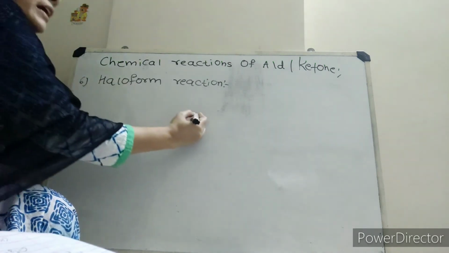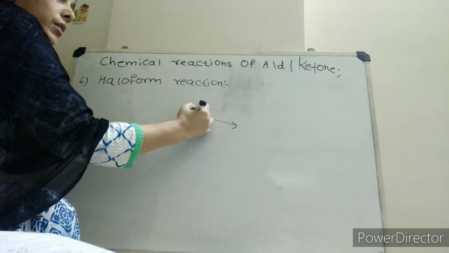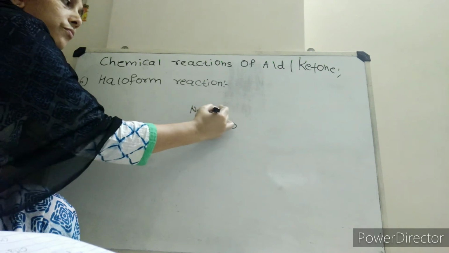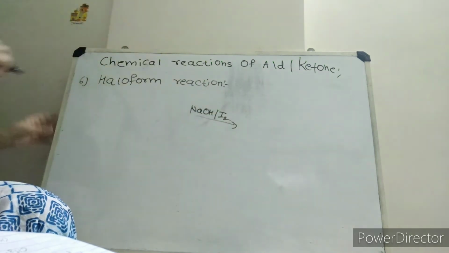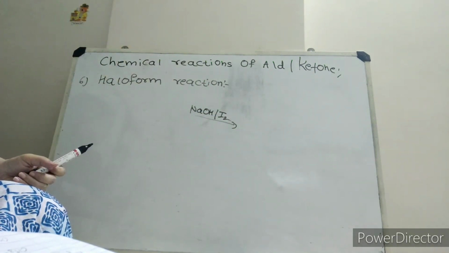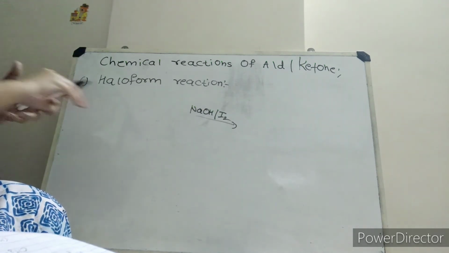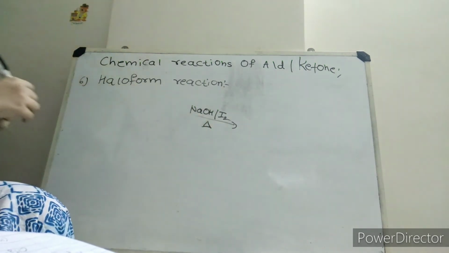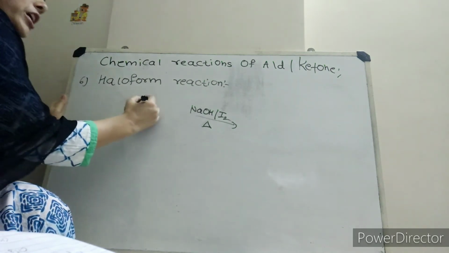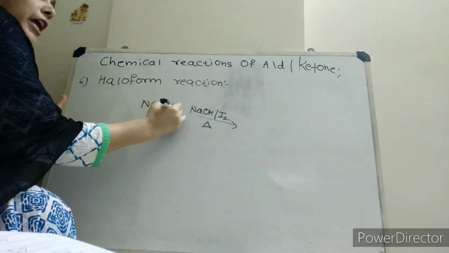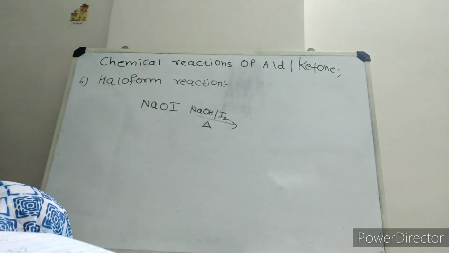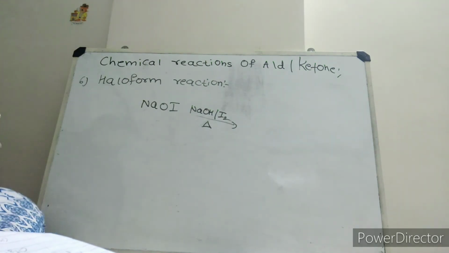First there is the reaction of NaOH and I2. When the sodium hydroxide and the iodine are warmed, what do we get? Sodium hypoiodide we are getting.